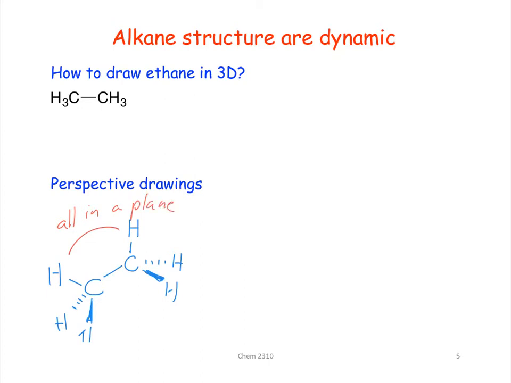What can we come up with, though, if we rotate around this bond? Let's say we're just going to rotate this by 60 degrees. I'm going to keep the left carbon the same, and I'm rotating the one on the right.